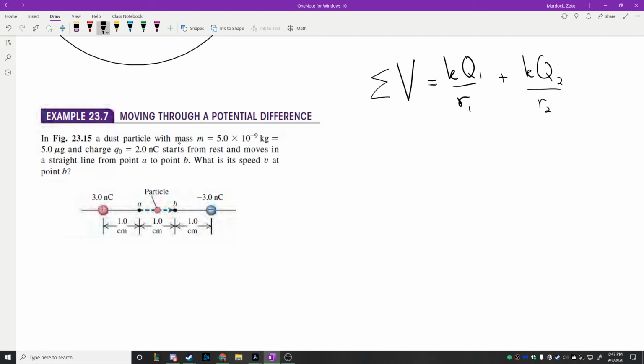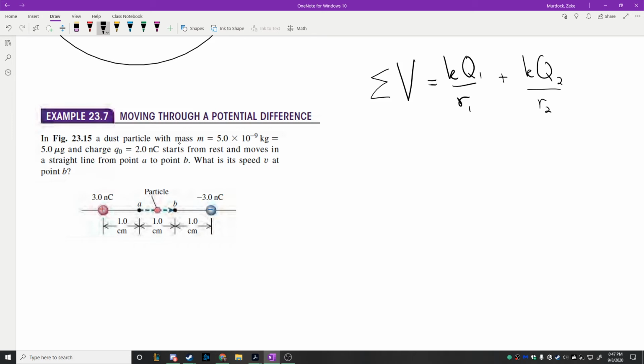Does that make sense? Because it's a scalar. Just like if I have 10 kilograms in a bucket and I add 20 kilograms to the bucket, 10 plus 20 is 30, right? Because mass is a scalar. If I know the electric potential due to one charge, and I know the electric potential due to another charge, then the total potential at some other point is going to be the sum, right? And this problem allows us to use that.